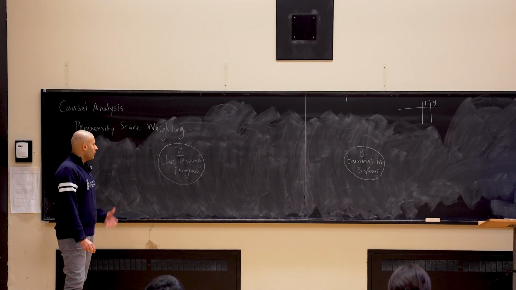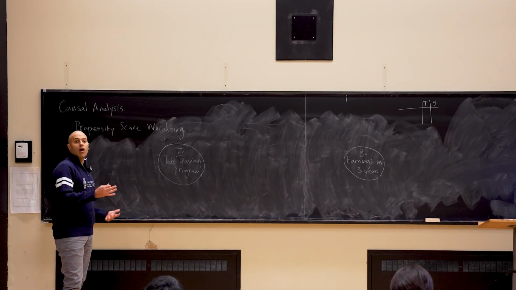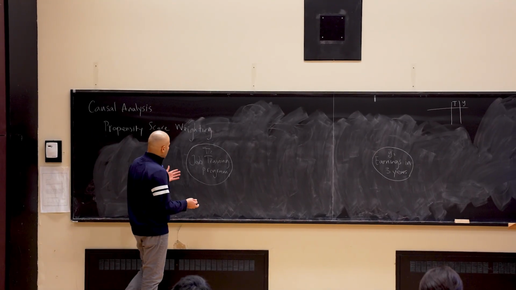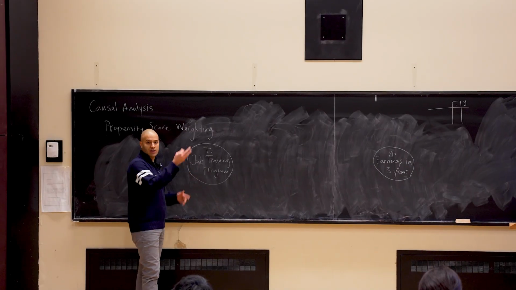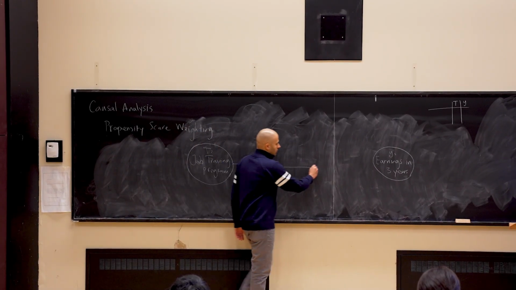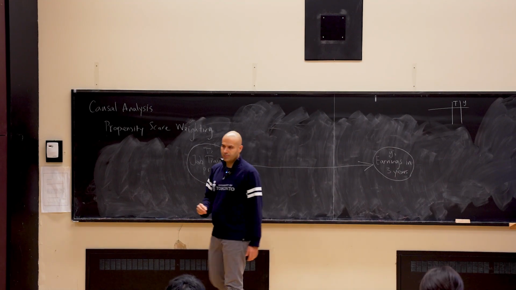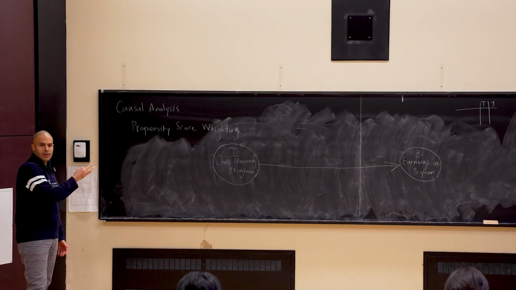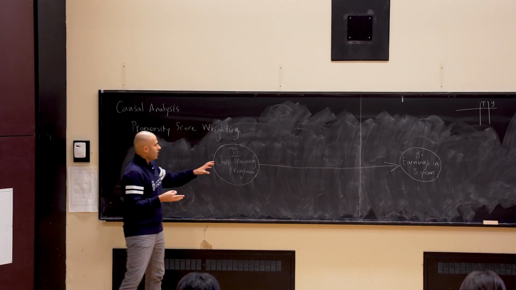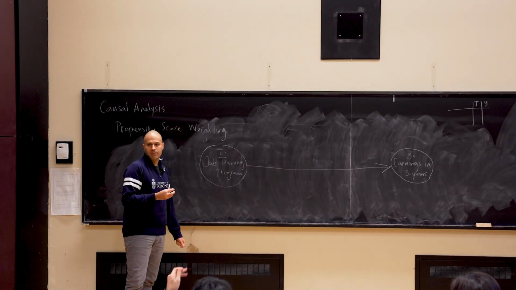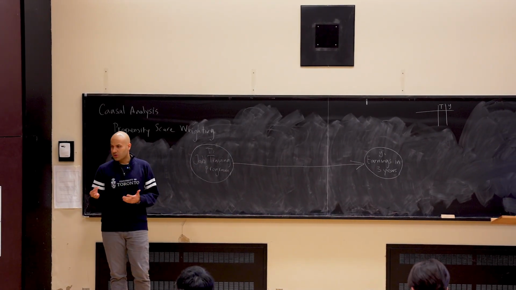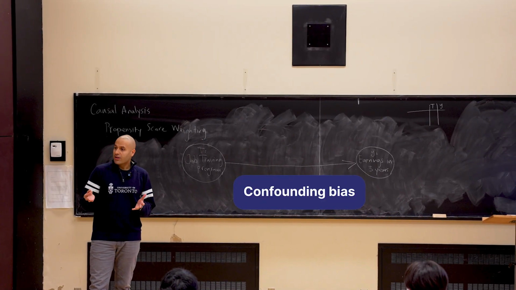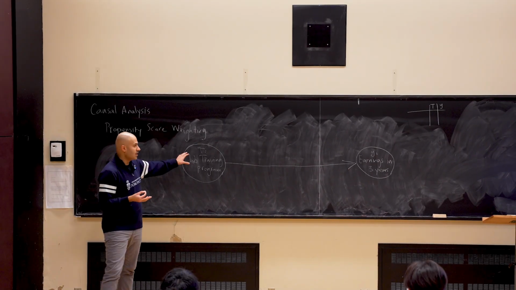So when we draw the diagram, there are arcs connecting these variables to each other. Since we're interested in the impact of t on y, the arc goes from left to right. So we are essentially interested in quantifying the effect size from t to y. But what are the issues? One issue is the confounding bias, the fact that there can be other variables that impact both t and y.